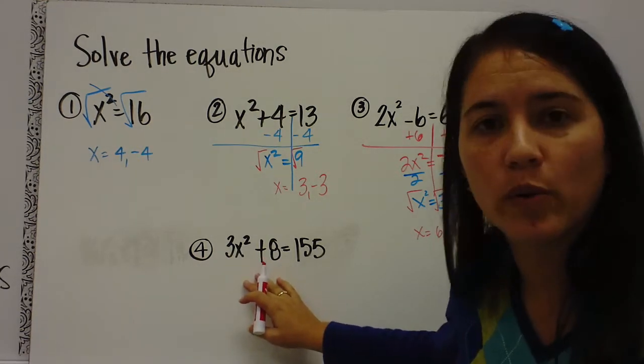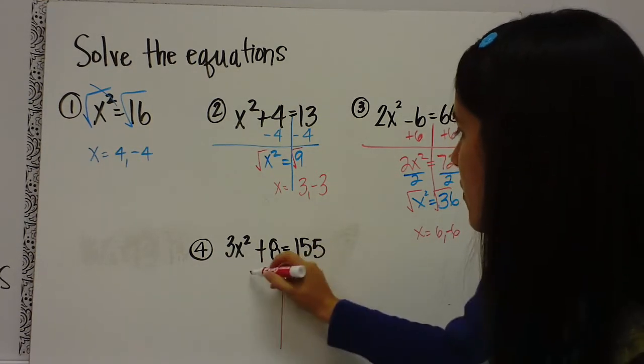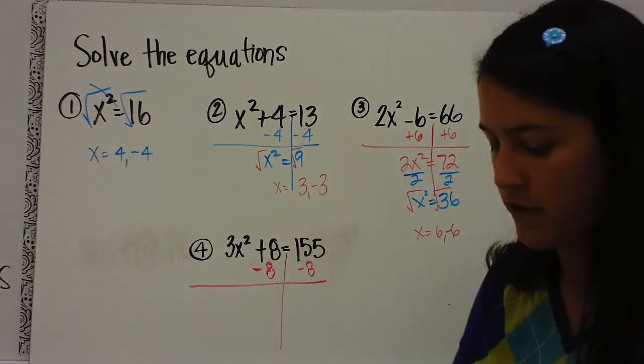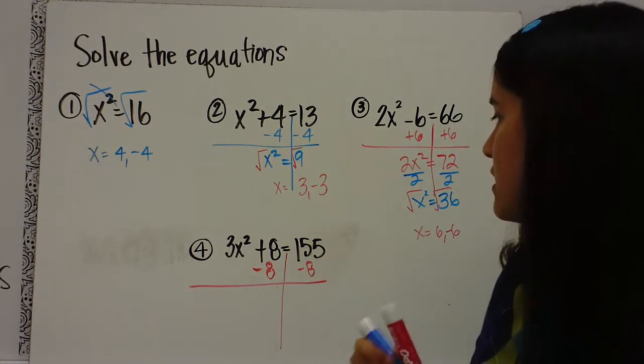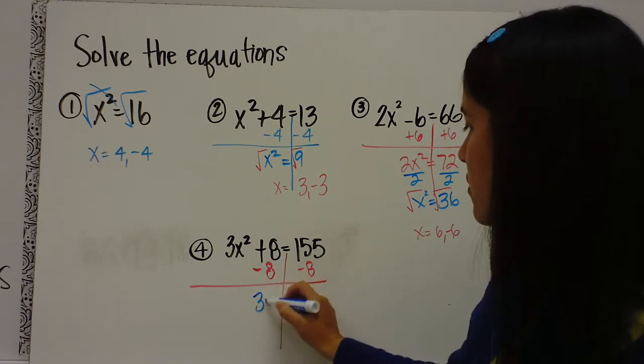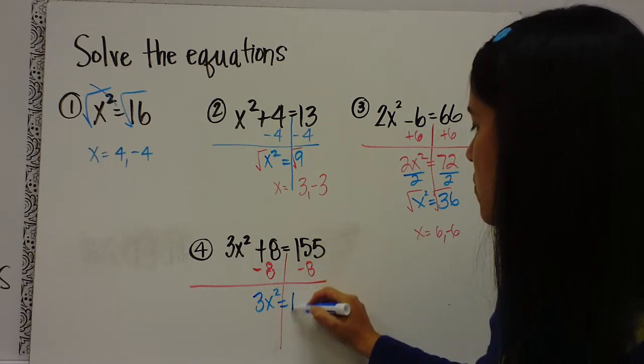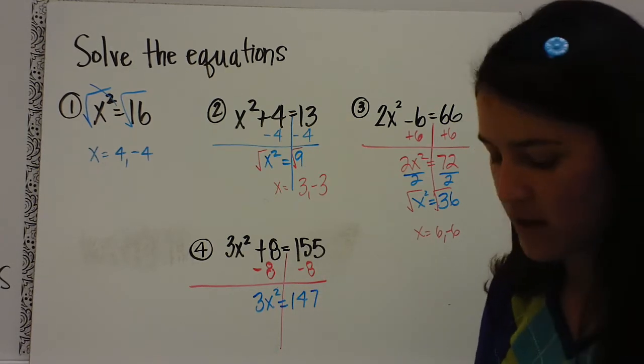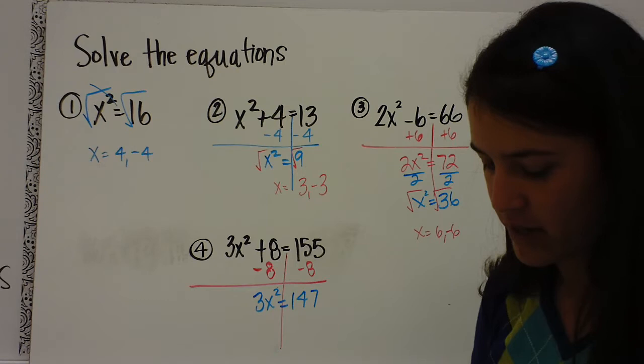All right, so number 4, when you put it all together, when you draw your line, we're going to subtract 8 from each side. So 155 minus 8. So I'm left with 3x squared equals 147. Let me check. 155 minus 8.